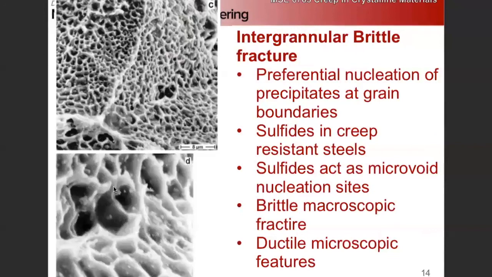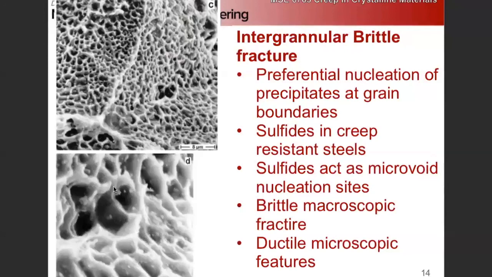So essentially we have a huge density of these ductile nucleation sites all on the grain boundary surfaces. And since we have a very large density, these are all very small. The scale bar in this is cut off, but these are micron-size voids that formed.